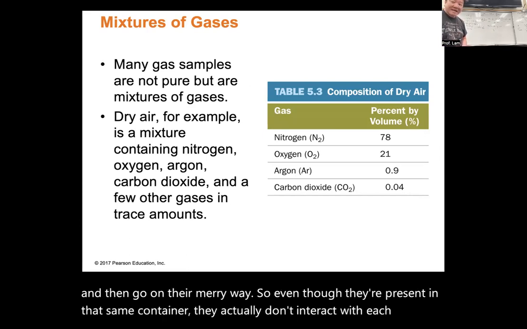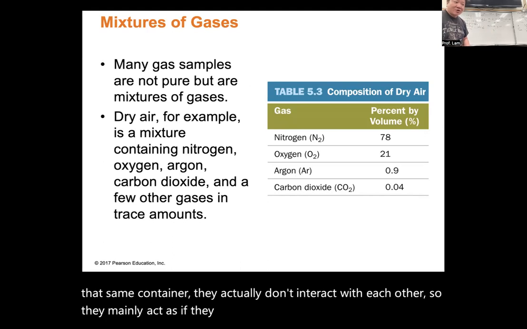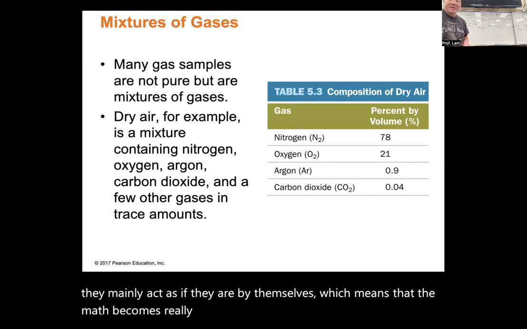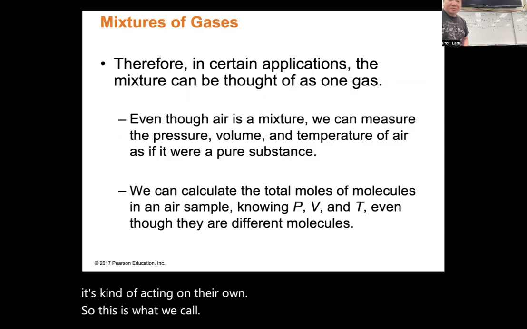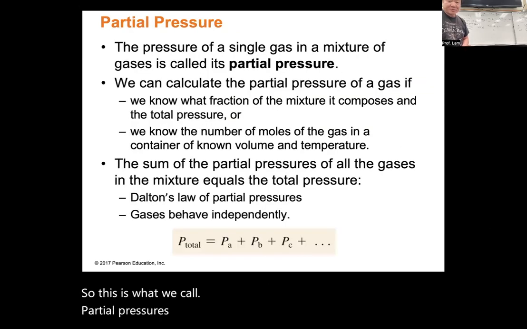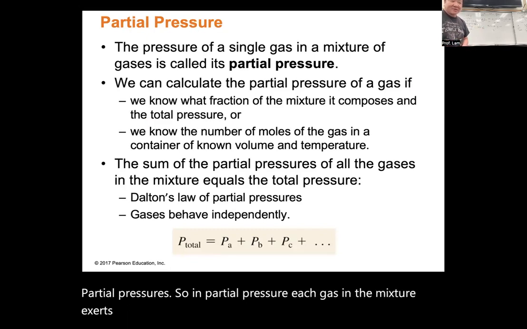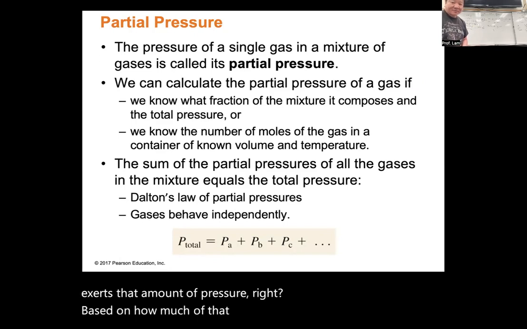So they mainly act as if they are by themselves, which means that the math becomes really simplified, right? If you think about each gas as kind of acting on its own. So this is what we call partial pressures. In partial pressure, each gas in the mixture exerts that amount of pressure, right? Based on how much of that gas is there, right?